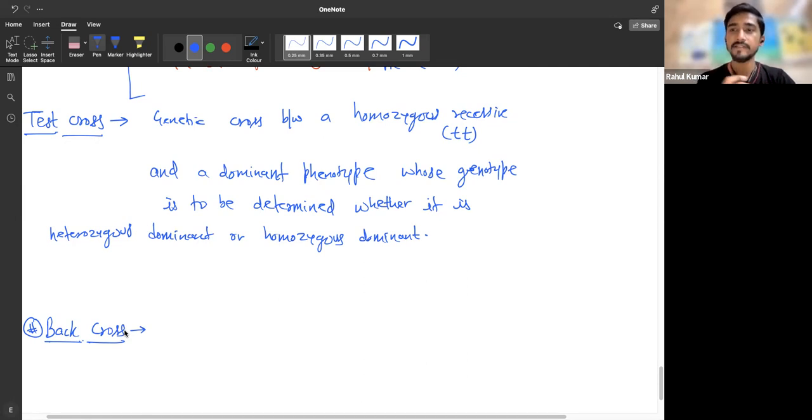If the parents are dead, then something which is genetically similar to the parent will also do. And most of the time we do it for a hybrid organism. Of course, it has to be a hybrid, right?